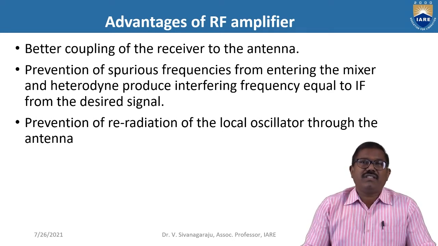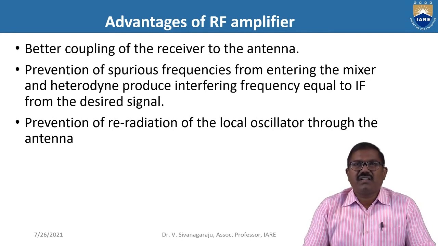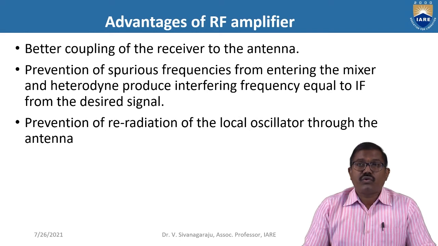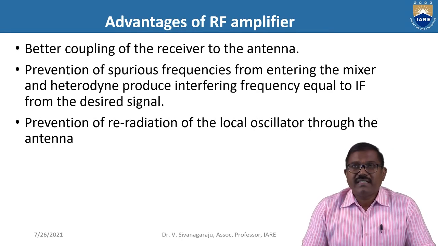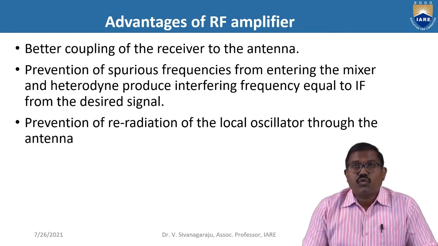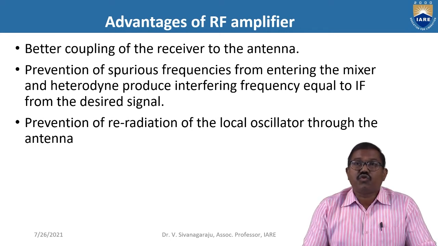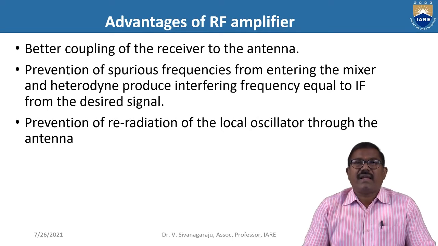And another advantage is prevention of spurious frequencies from entering the mixer and heterodyne, which produce an interfering frequency equal to the IF from the desired signal. So it's just like a base frequency. So we prevent these spurious frequencies from entering the mixer and heterodyne.